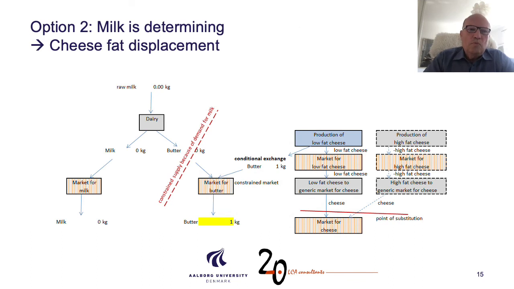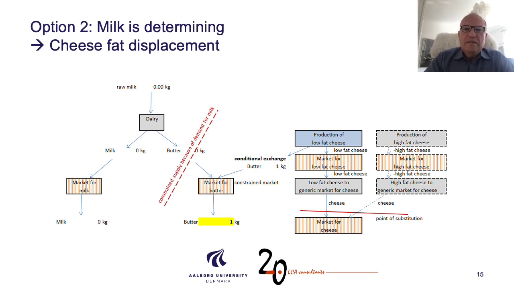Option 2, where the milk is determining. Here we have no effect on the dairy because we're simply saying that all the butter comes from a displacement of the alternative production route. Now this substitution actually happens on the market for cheese.